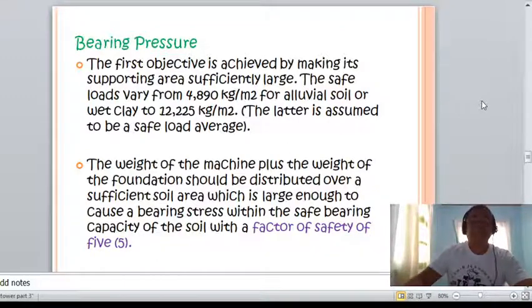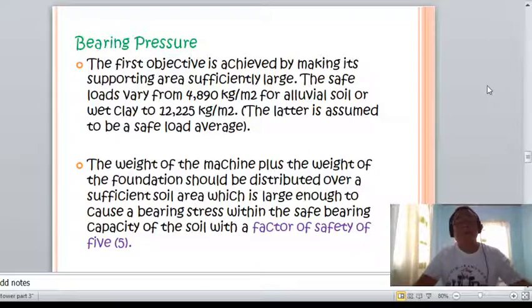The weight of the machine plus the weight of the foundation should be distributed over a sufficient soil area, large enough to cause a bearing stress within the safe bearing capacity of the soil with a factor of safety of 5.